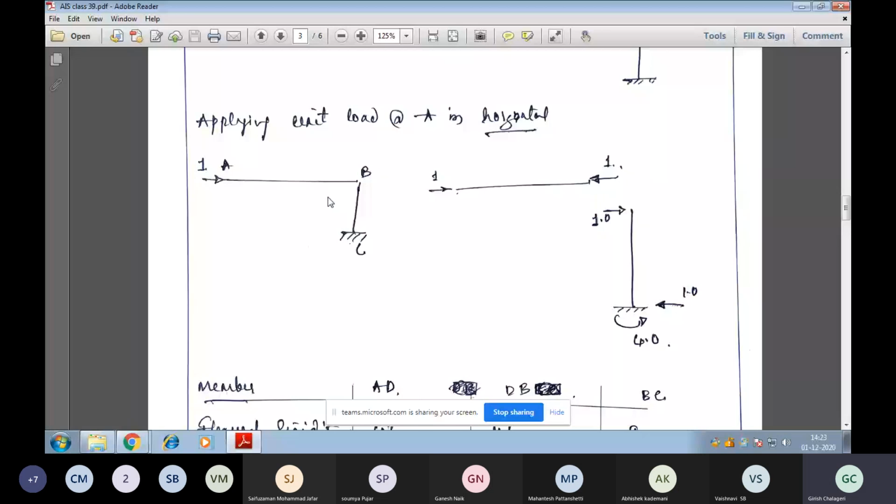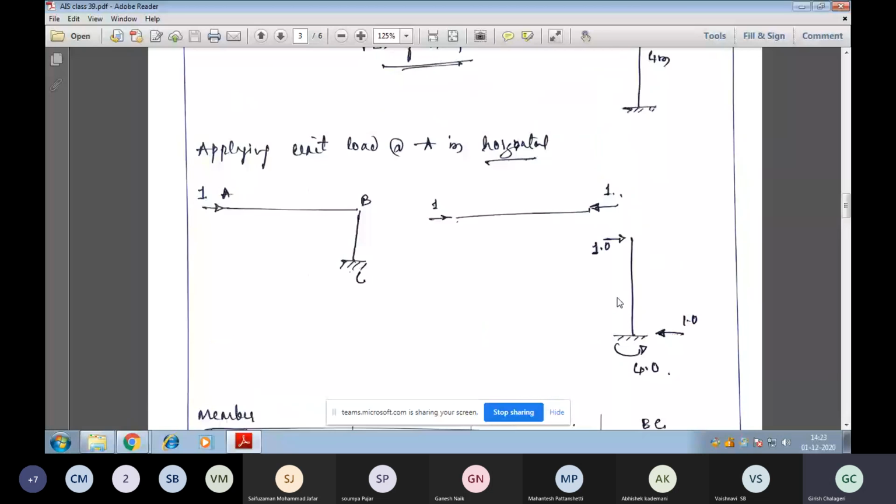When we apply unit load in the direction of flow itself, so there is a opposite flow at a B point. Similarly, opposite of this will be at column base. So column is having a load of 1 kilonewton at top of column, and at the bottom it is 4 kilonewtons. So this is what we have got, the free body diagram for member force applied in horizontal direction.